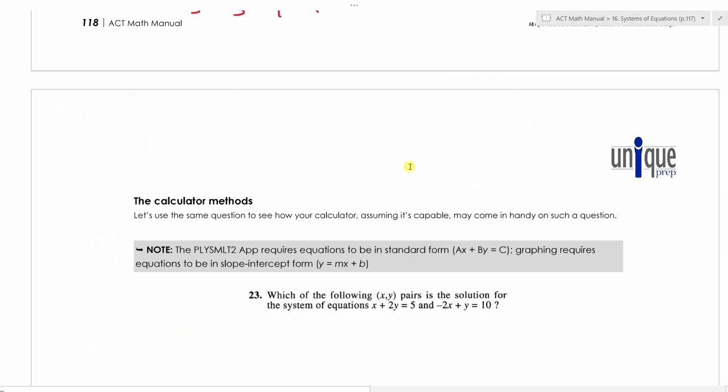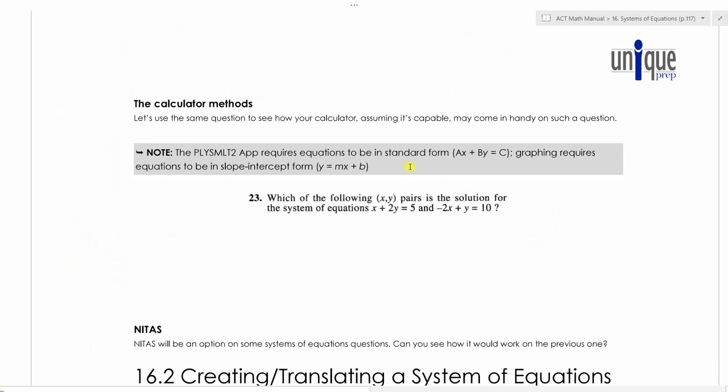Now, in terms of how you can use the calculator on the SAT, there's two ways that you can use the calculator. The calculator methods would be, number one, if you have it, and a lot of the TI-84 calculators do, and if your TI-84 does not, you actually can, if you're a little bit computer savvy, download this app from the TI website.